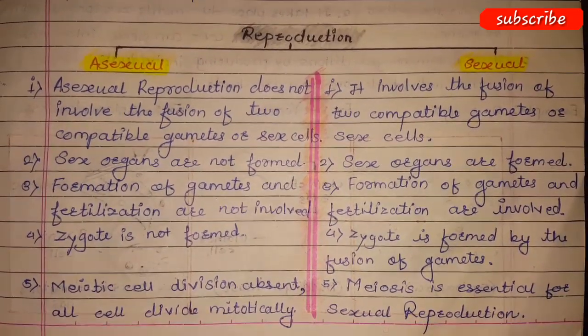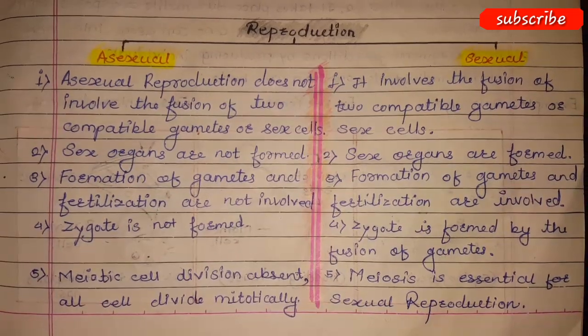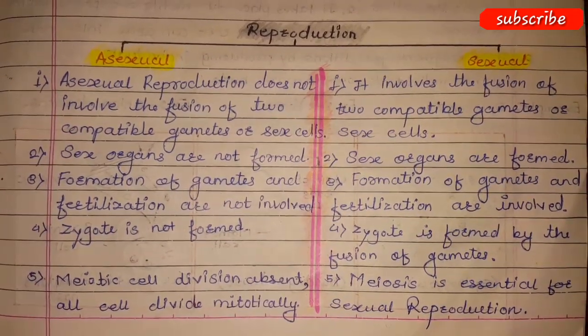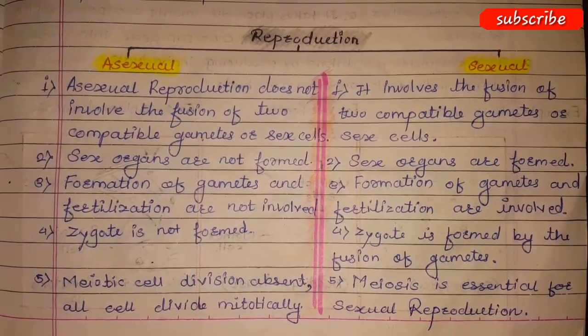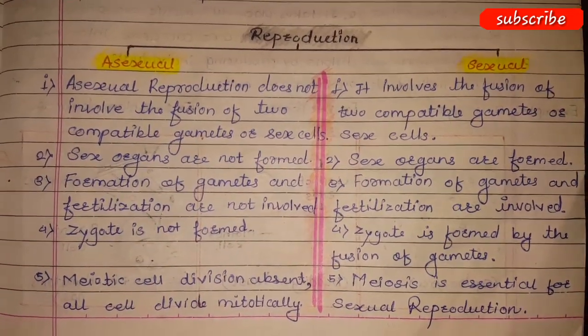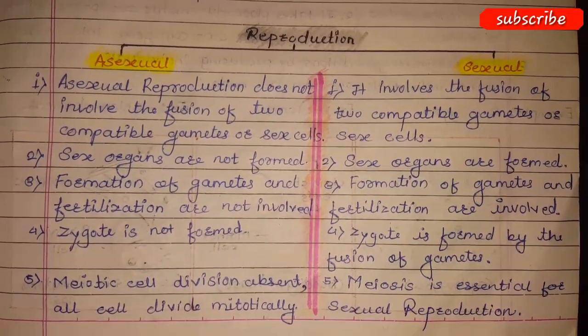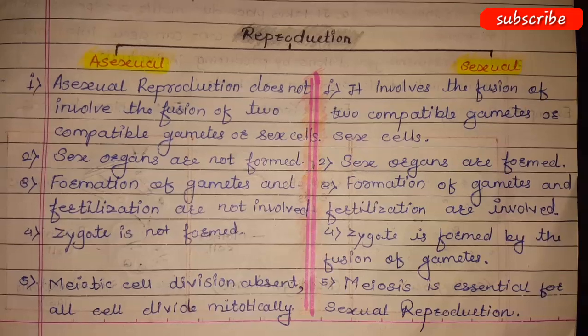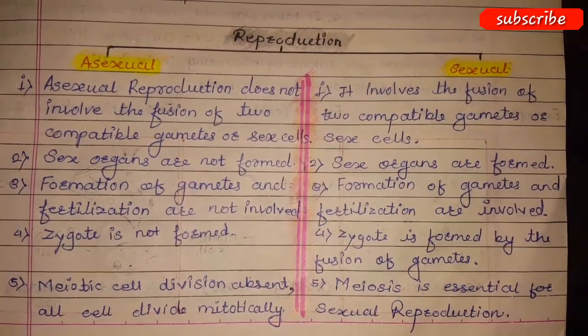Third, in asexual reproduction, the formation of gametes and fertilization are not involved. Fourth, zygote is not formed. Fifth, meiotic cell division is absent. All cells divide mitotically.